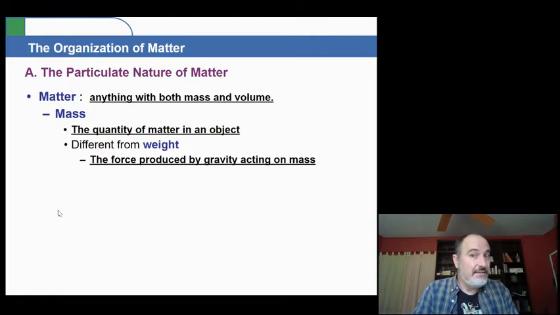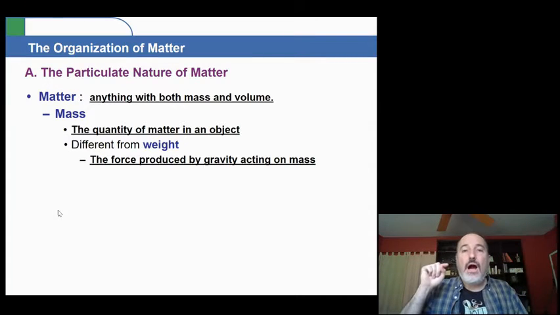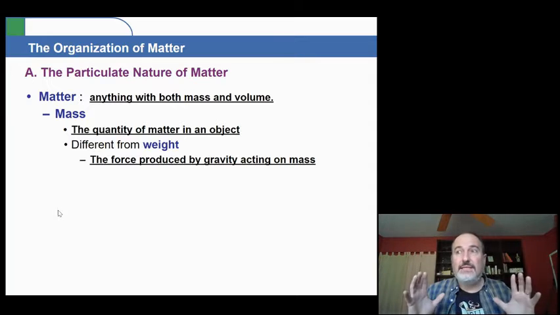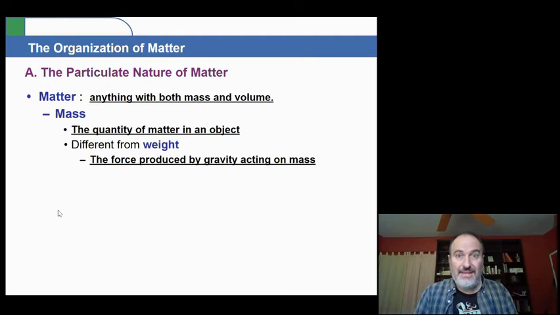But weight is different. You see, let's say you have an astronaut that on Earth weighs 180 pounds, fully geared out and everything like that. The moon is 1/6 the mass of the Earth, and therefore it has 1/6 the gravitational pull that the Earth has.